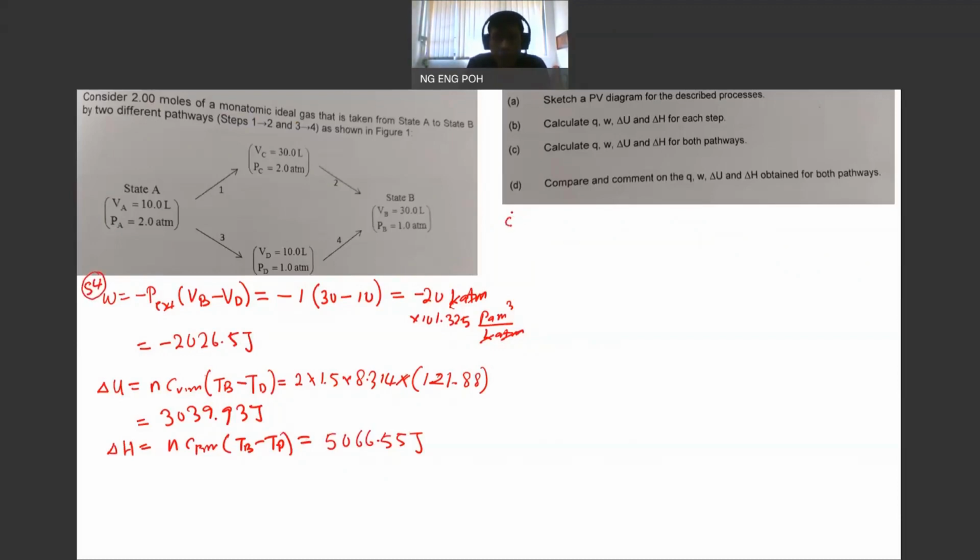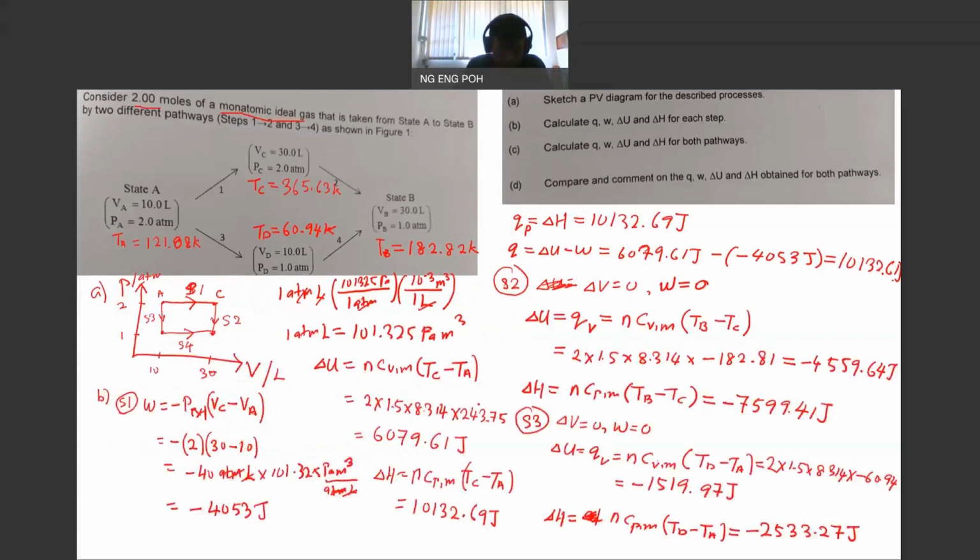Now we'll see part C. Calculate W, Q, delta U, delta H for both pathways. Pathway 1 equals step 1 plus step 2. We see the delta H first.